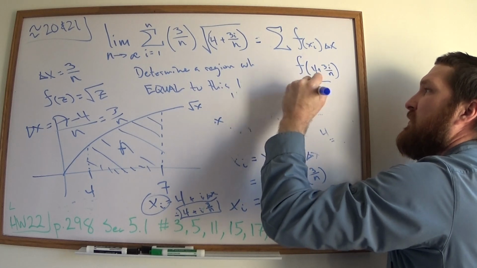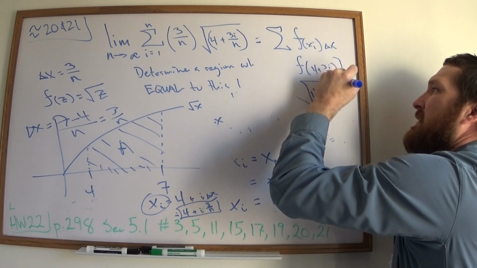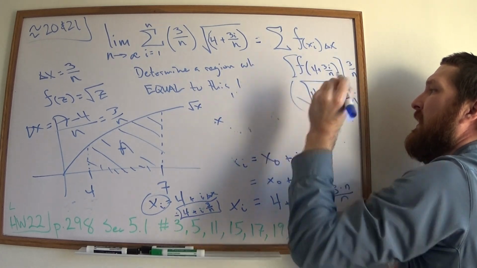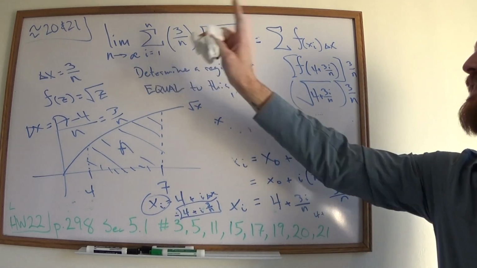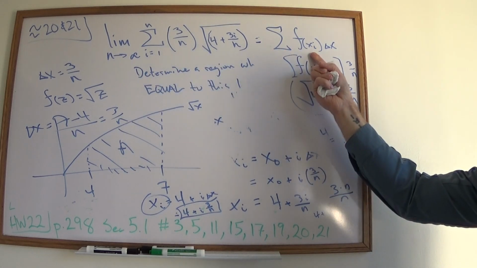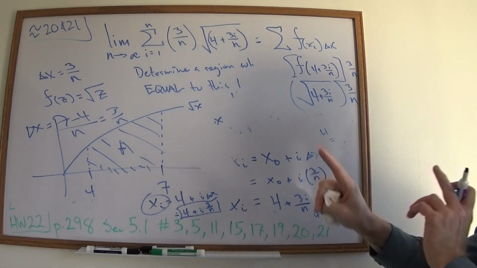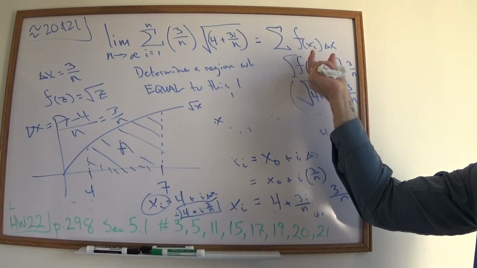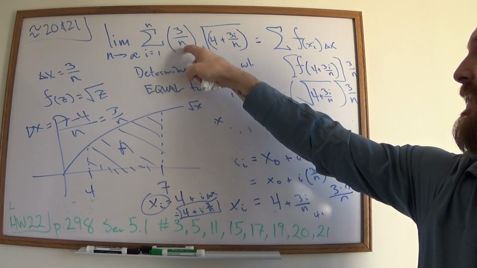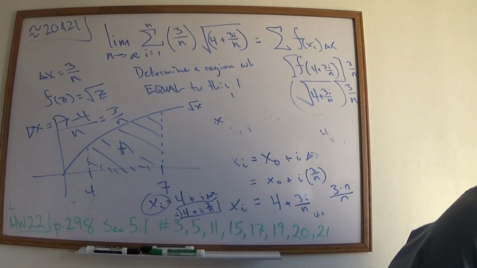F is square root, so we'd have the square root of 4 plus 3i over n, and the delta x is 3 over n, and so we have this times 3 over n. Your book loves to flip those around so that you go, oh, that's the function because it's function first. They just love to mess with you, right? So that's part of the trick. What's the thing that goes to 0 as n goes to infinity? Looks like a delta x to me. So that's how you would deal with that kind of question.